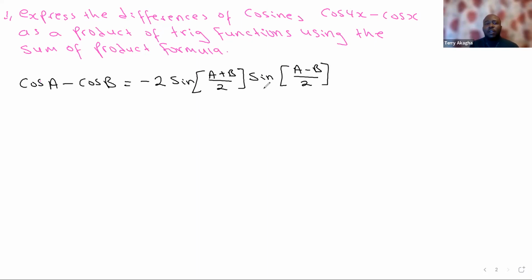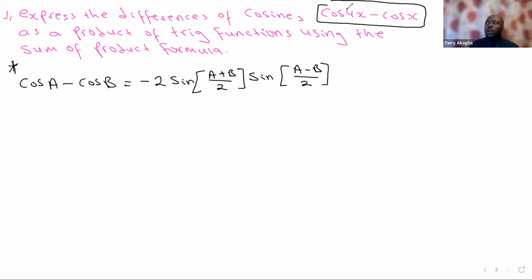Does that make sense? I gave you this formula in the third video as well, where I listed the formulas. So we can apply this directly here.